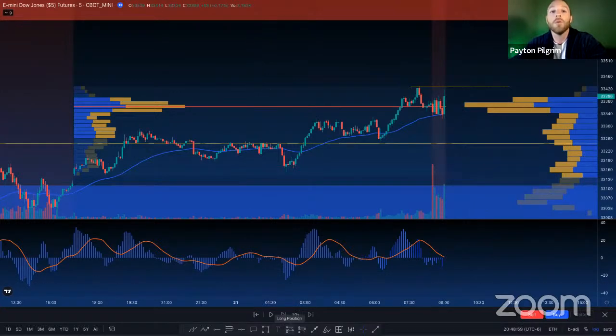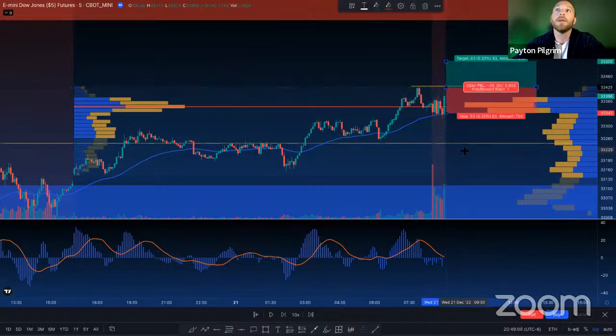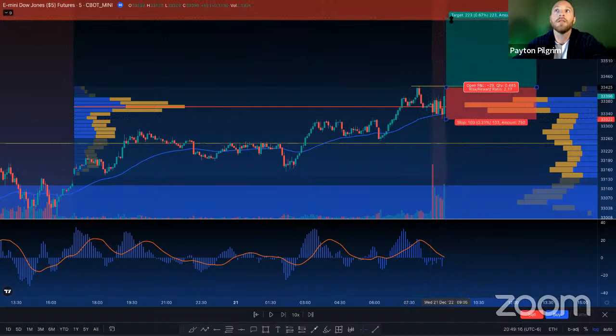I know Cole plays either right here at it or right here. And we'll use that candle as the stop loss. So if that's the case, that's a 2-to-1 into this area.